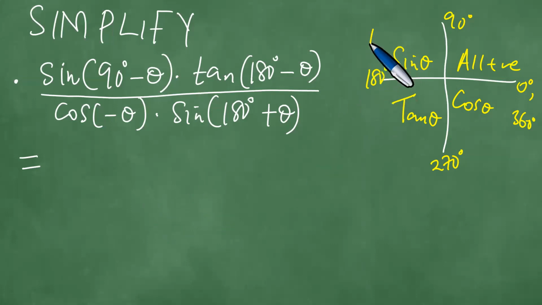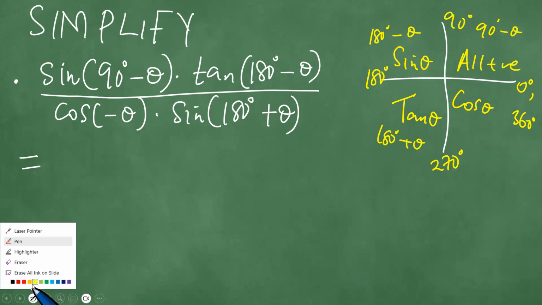So now here you would have 180 degrees minus, 180 plus, 90 degrees minus to go back. Okay, pretty enough for this question.